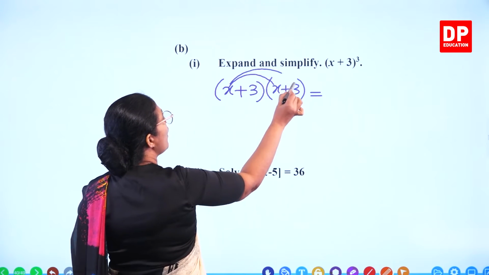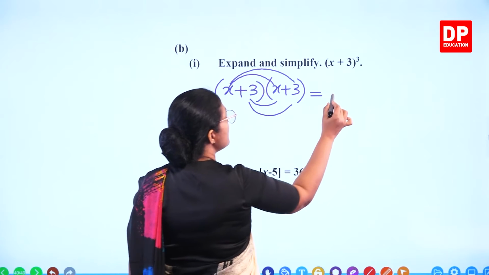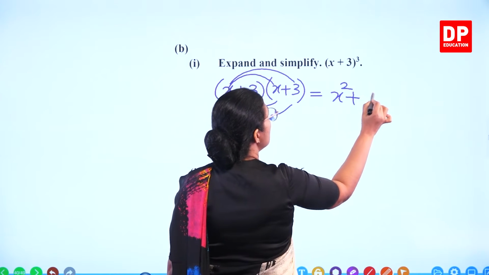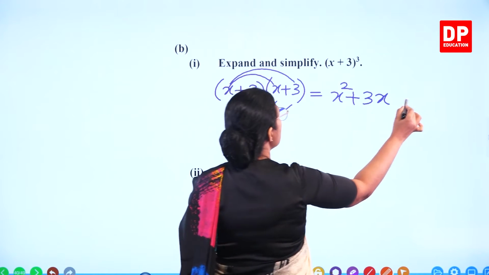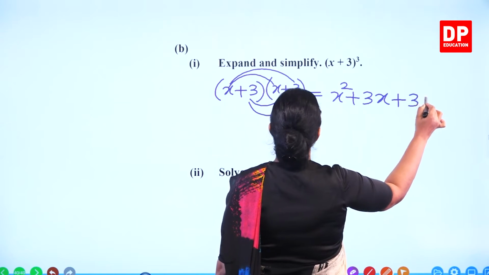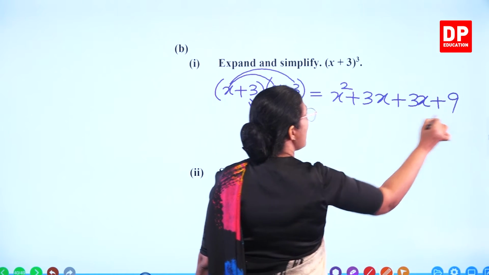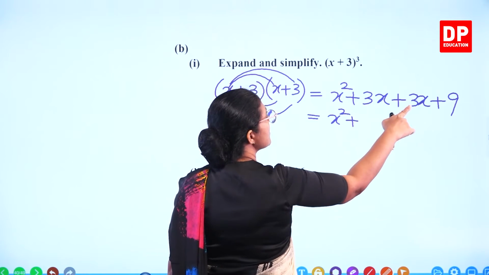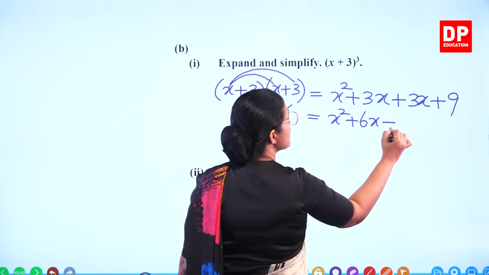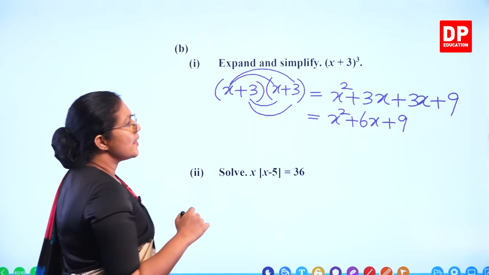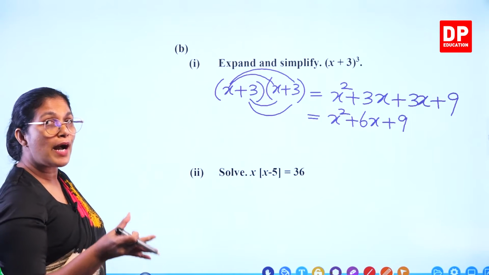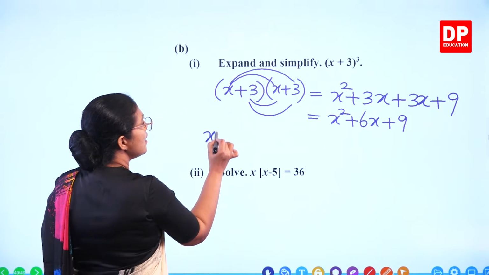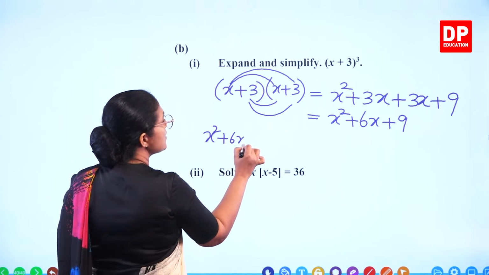You can use FOIL. x times x, x squared, x times 3, 3x, 3 times x, 3x, and 3 times 3, 9. When you simplify, you get x squared plus 3x and 3x becomes 6x, plus 9. Now you have to multiply it again with x plus 3.